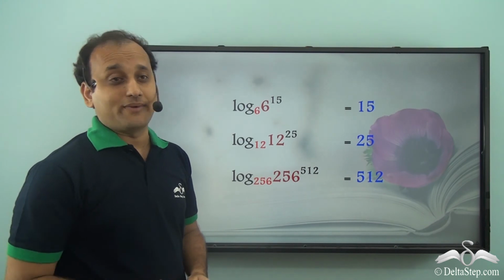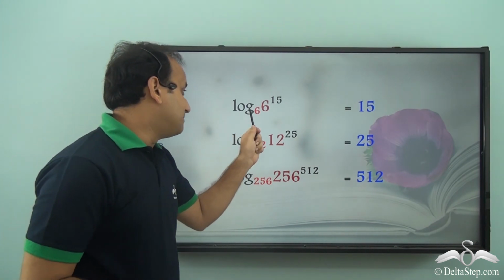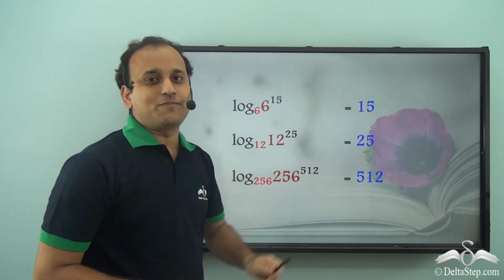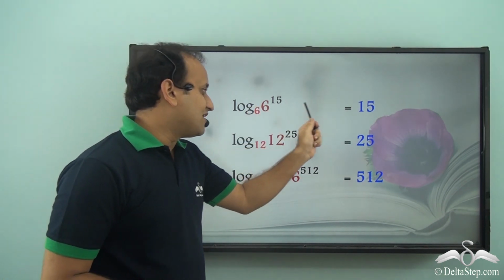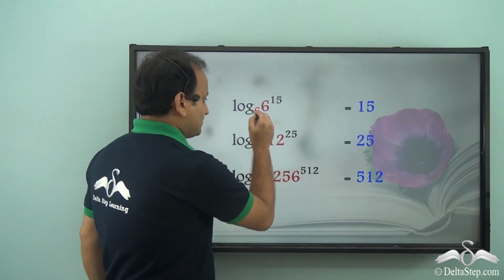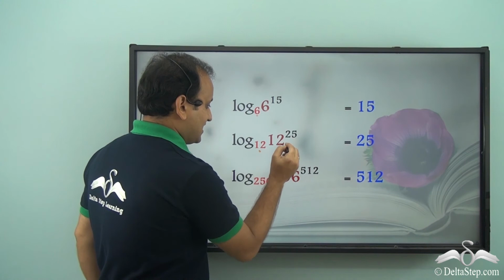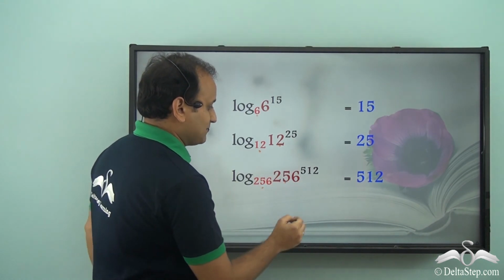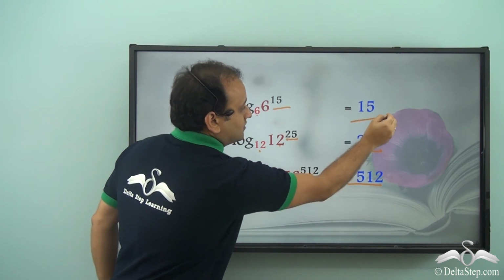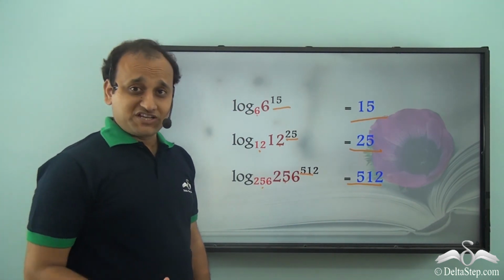Again, something very common. Every time the base and the argument are the same, except the argument is raised to a power, and that power is the answer for this equation. So even here, the base and the argument are the same, and the answer is their powers. So is that a property too? Yes.